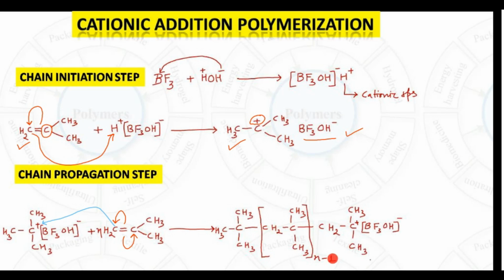So basically this n minus 1 is of no practical use, but it is only showing that the chain will have one monomer less than the number of monomers you have taken. So this chain is propagating like that, and you are having this species in the ionic form, which is active again.